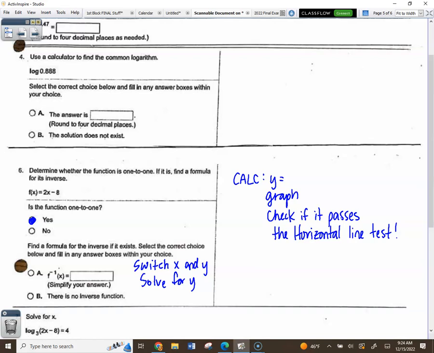And it would be x, say it again? Yes, but then you have to solve for y. Yeah, so that's what you would get when you switch it, and then now get y by itself. Yeah, and it ends up being x plus 8 all over 2.